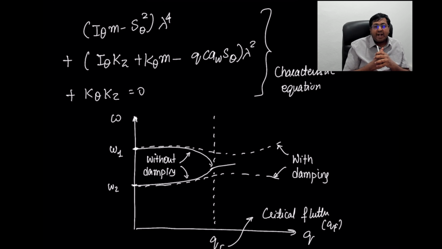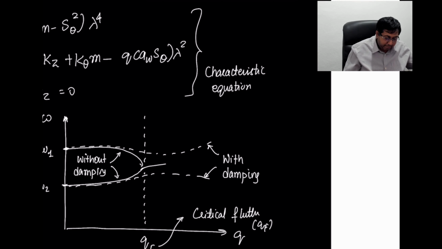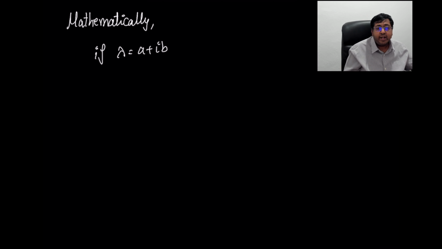So mathematically, we can say that if lambda is a plus ib, right? Then the flutter speed is at the point when a is greater than 0. Or we can say that the system is stable, oscillations will decay, when a is less than 0, and the system is unstable when a is greater than 0. So a equal to 0 is the flutter boundary.